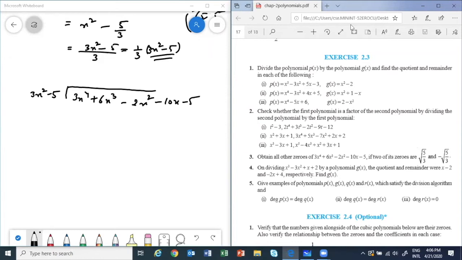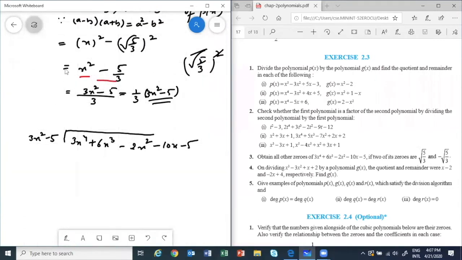You are saying 3x square minus 5 by 3. See, I took the LCM there. Nabiha, just concentrate. We had x square minus 5 by 3.